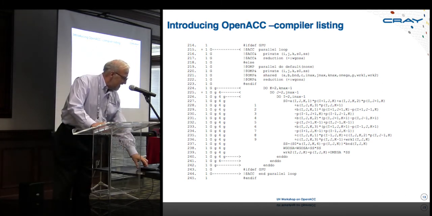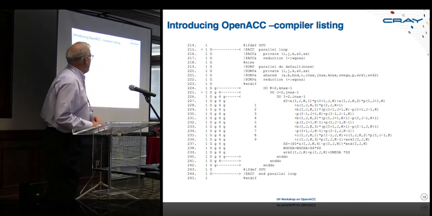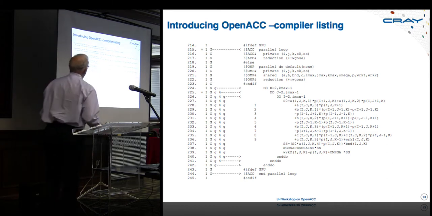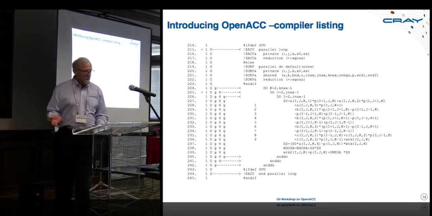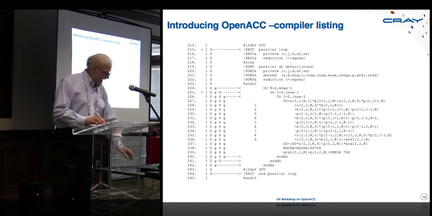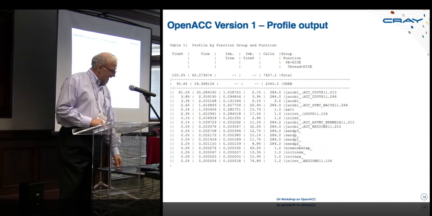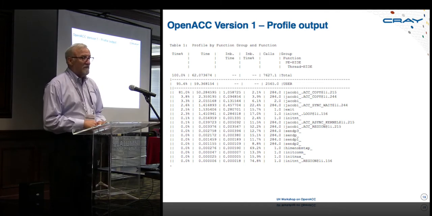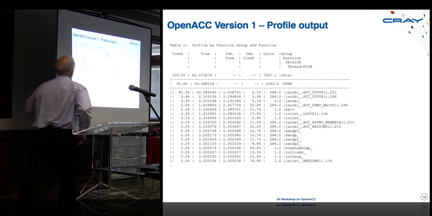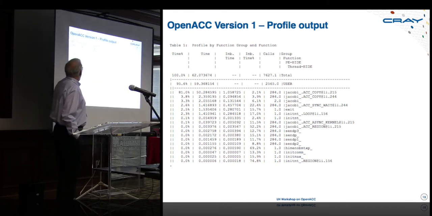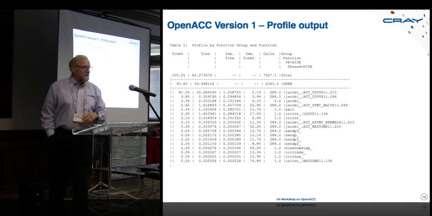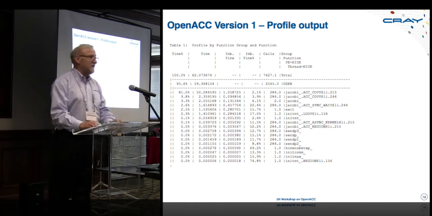But the cool thing is it tells us, if you're going to put that on the accelerator, all these arrays have to be copied over and other arrays back. And now I do a profile of that execution, and I see the data motion is using 85% of the time.